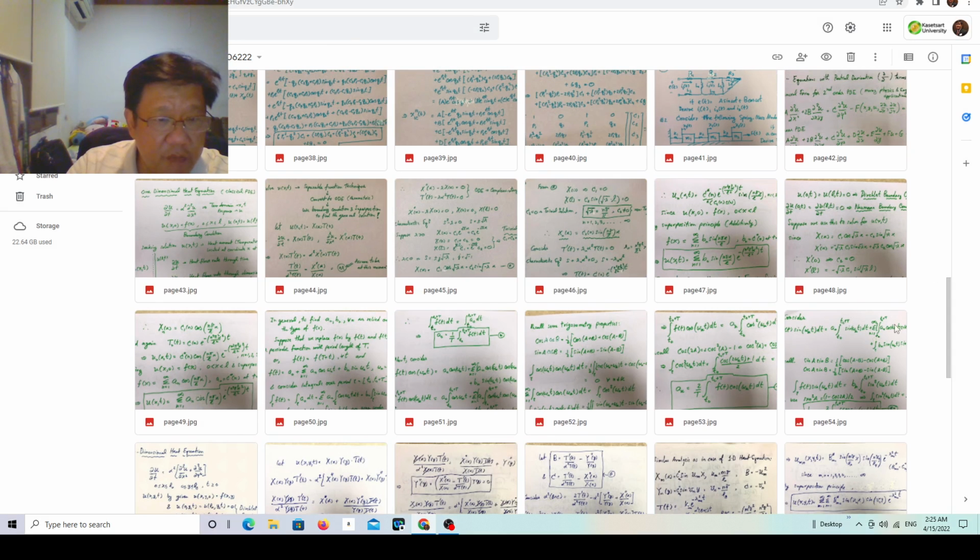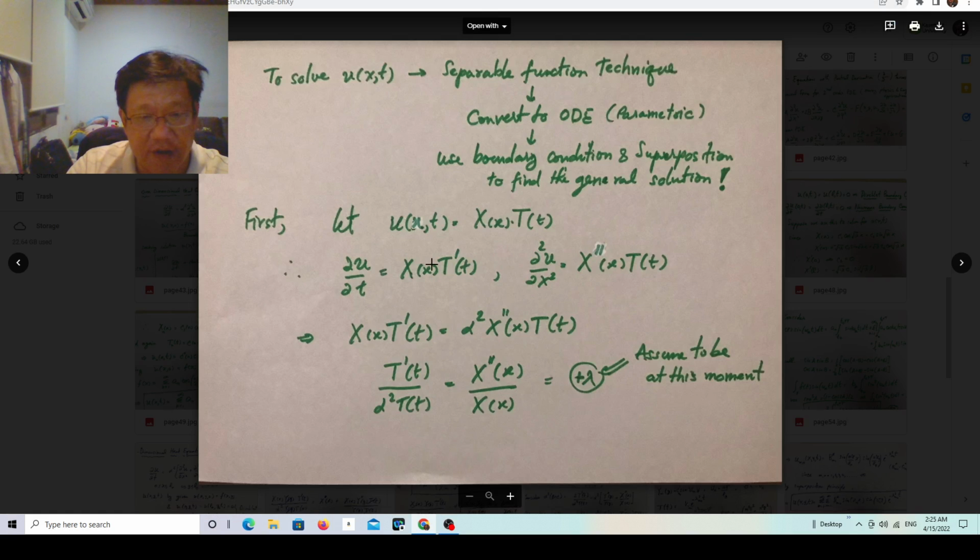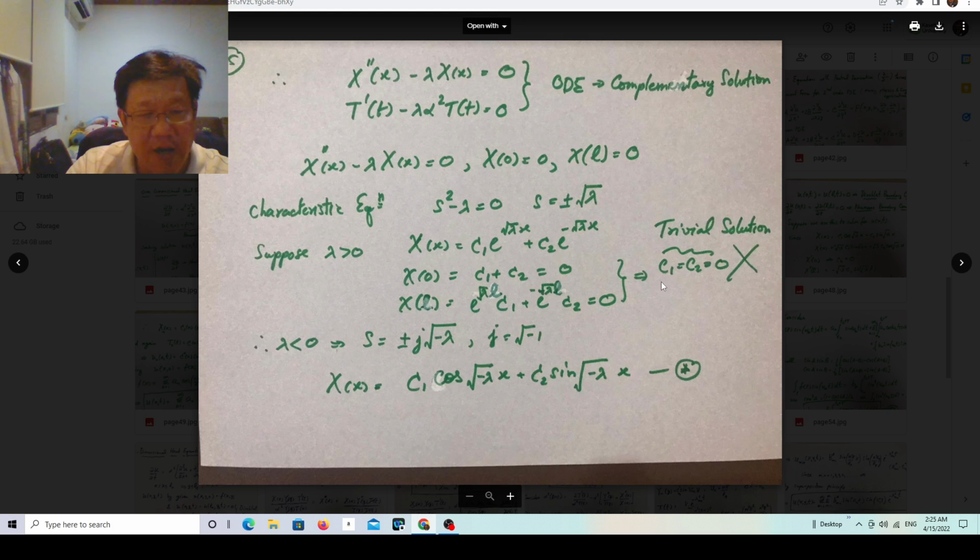When we did the one-dimensional heat equation, over here, you get this as some constant value lambda. Therefore, in this case, lambda needs to be a negative value.